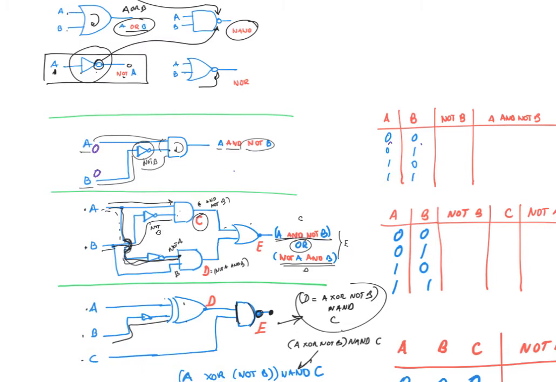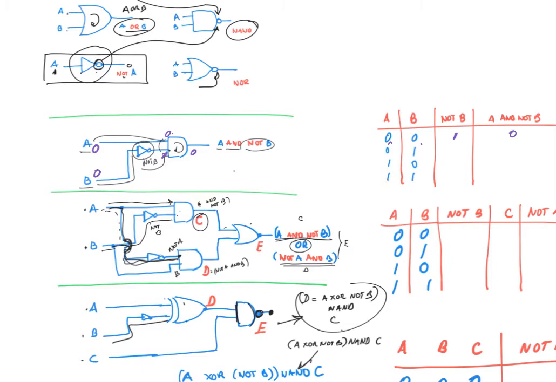So 0 goes here untouched, and B is going to get a not B, so if B is 0, not B is going to be a 1. Now, what happens when you have a 0 and a 1? 0 and 1 is 0, so you're going to have a 0 here.